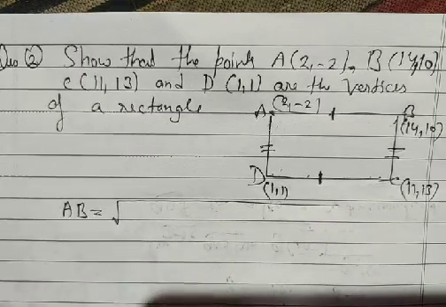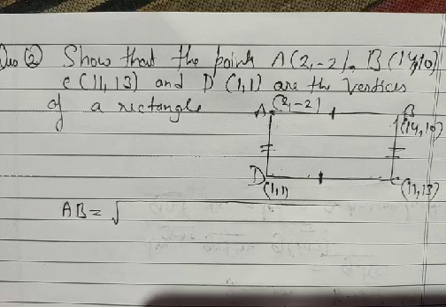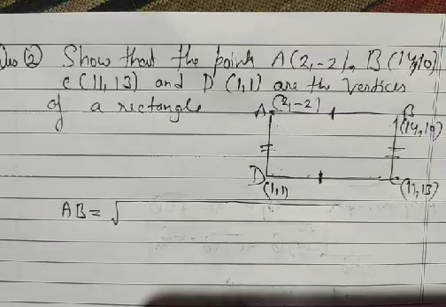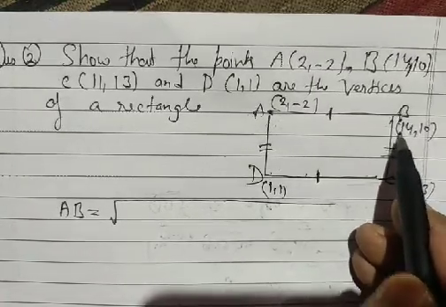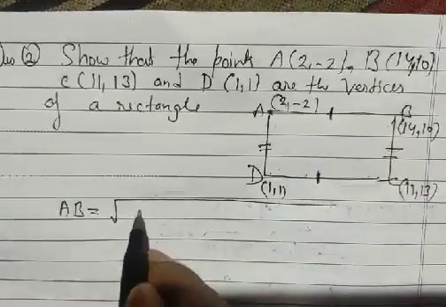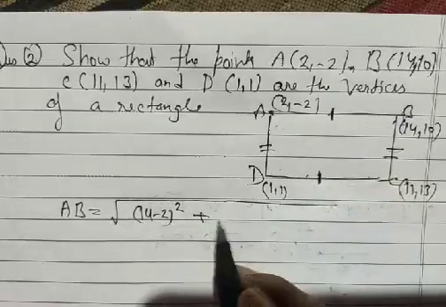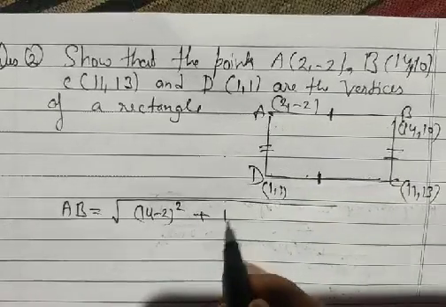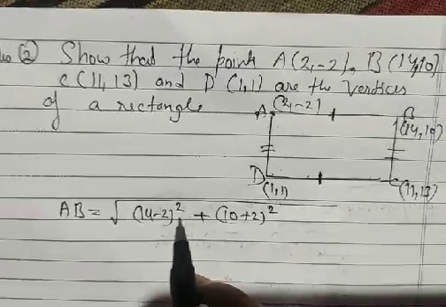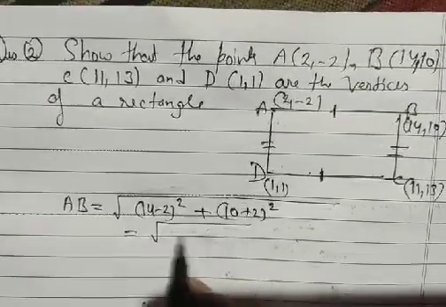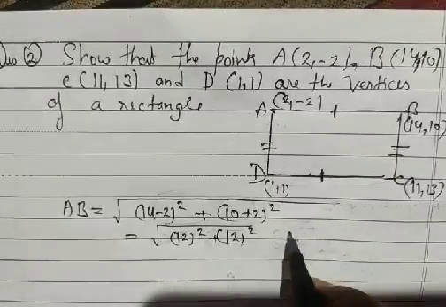We take the difference of coordinates: abscissa 14 minus 2 whole square plus 10 minus, 10 plus 2 whole square. Here we have 14 minus 2, we get 12 whole square, and 10 plus 2, we get 12 whole square.